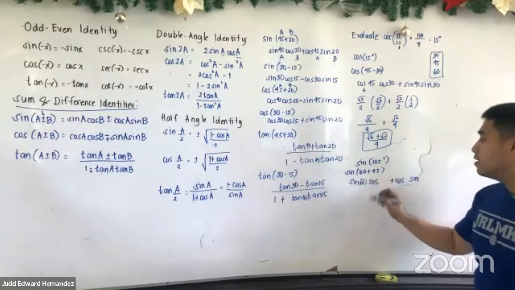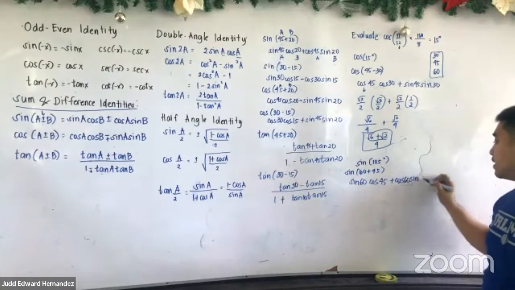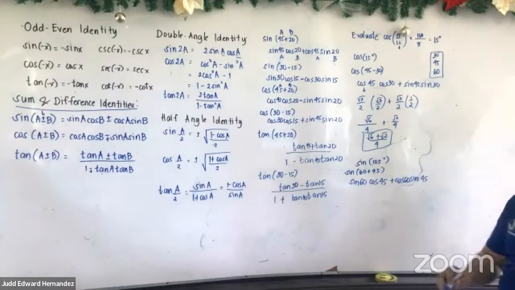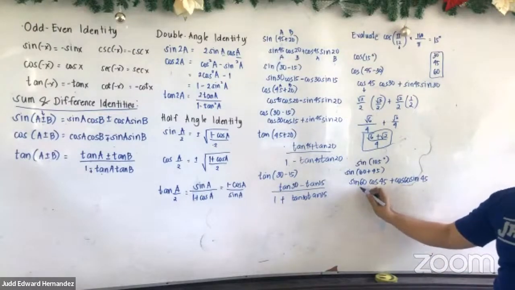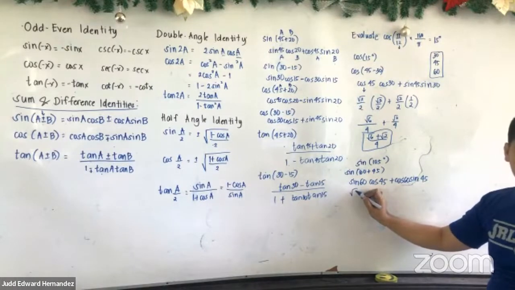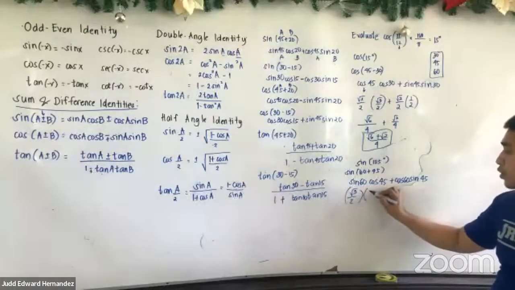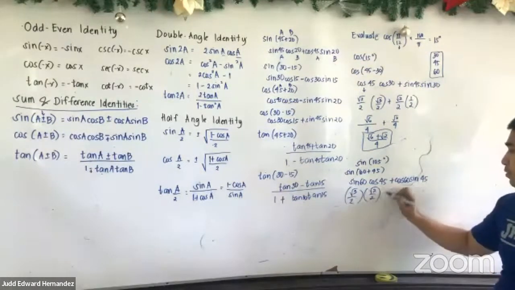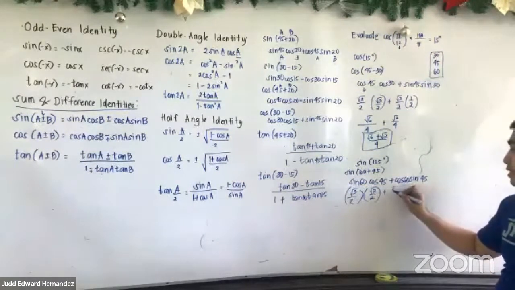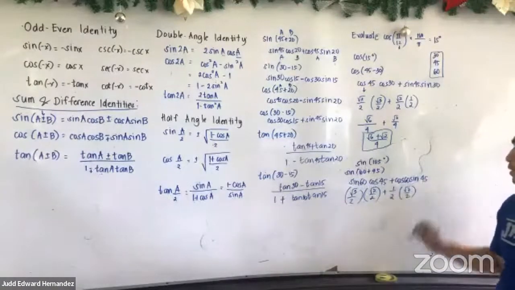Sine 60, cosine 45, cosine 60, sine 45. What is the answer for sine 60, guys? Sine 60 is square root of 3 over 2. What is cosine 45? That is square root of 2 over 2. Cosine 60 is 1/2. Sine 45 is square root of 2 over 2.